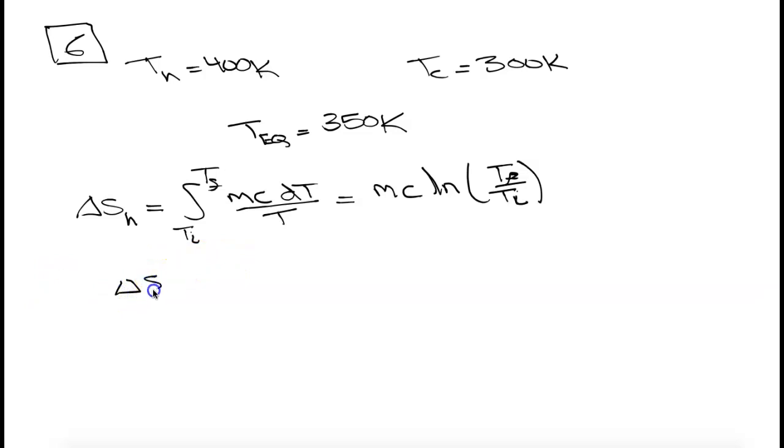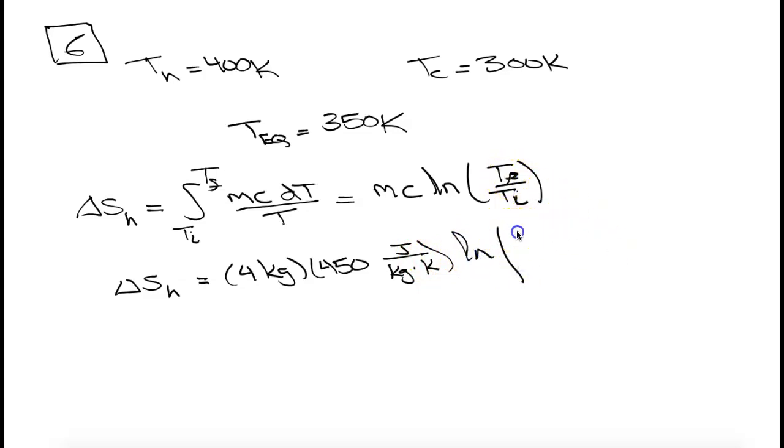So the change of entropy for the hot piece of steel would be the mass of it, which is 4 kilograms, times the specific heat of steel, which can be looked up as 450 joules per kilogram Kelvin, times the natural log of T final, our thermal equilibrium temperature, over T initial, which for the hot was 400 kelvins.